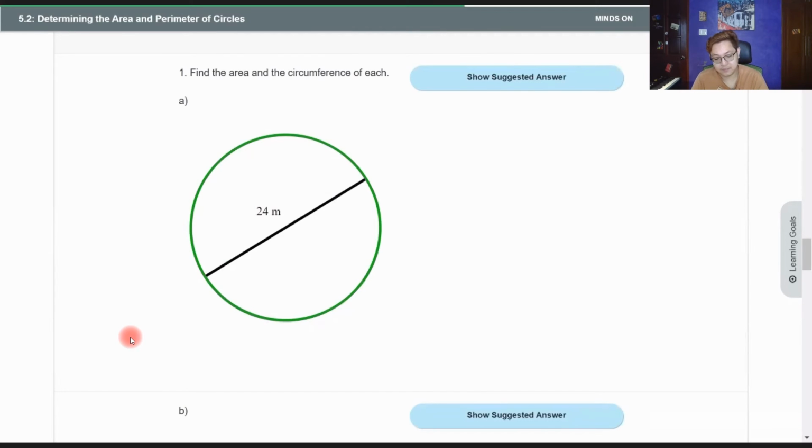Okay, number one, define the area and circumference of each. So the area for A is 452.39.